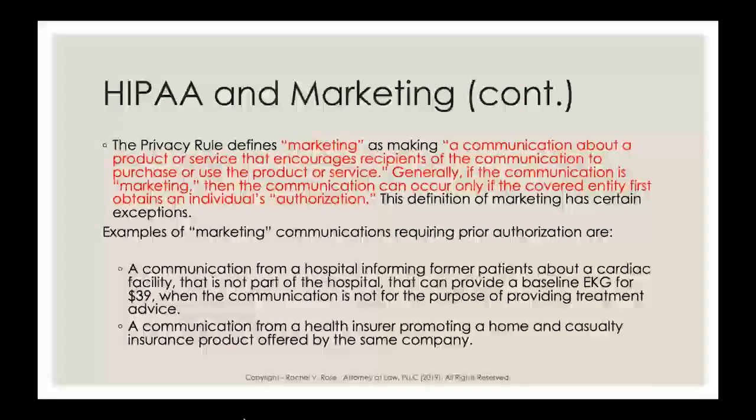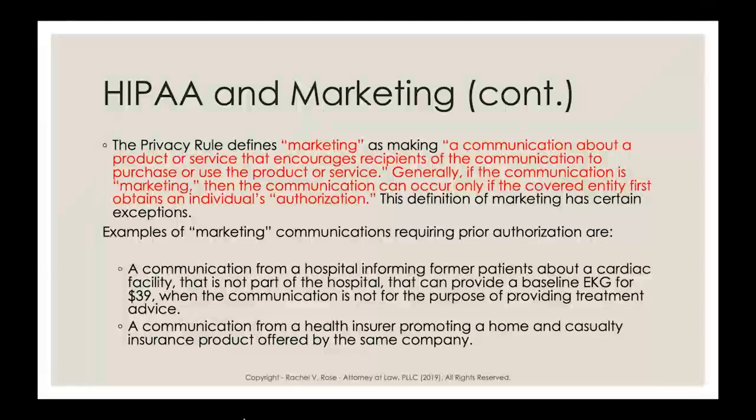Another example is a communication from a health insurance company promoting a home and casualty insurance product offered by the same company. So where would a patient find out about these, and what can a covered entity do to protect themselves? You need to make sure that your privacy policies are available to patients as well as their families who may or may not be surrogate decision makers.